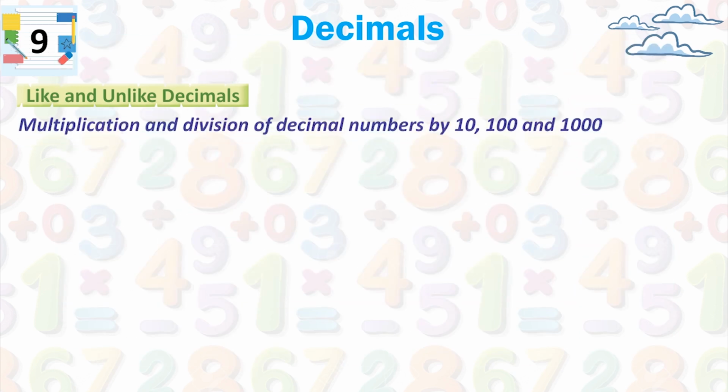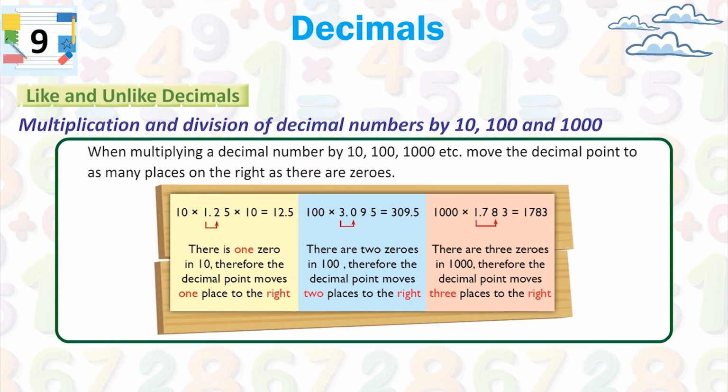Multiplication and division of decimal numbers by 10, 100 and 1000. When multiplying a decimal number by 10, 100, 1000, etc., move the decimal point to as many places on the right as there are zeros. 10 into 1.25 is equal to 12.5.